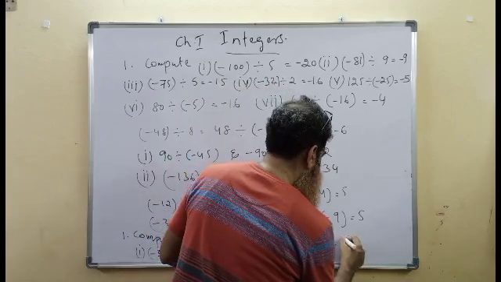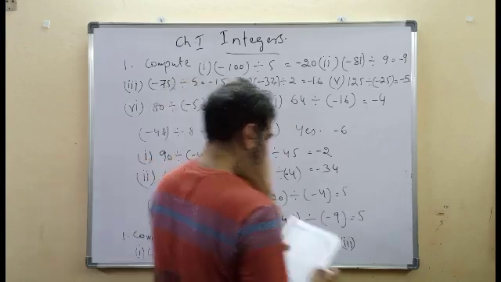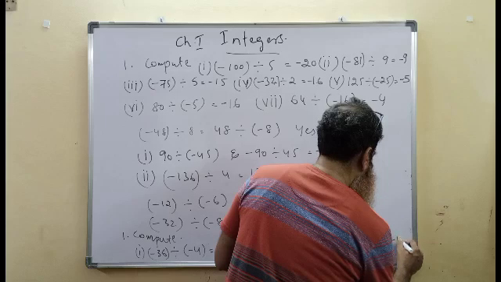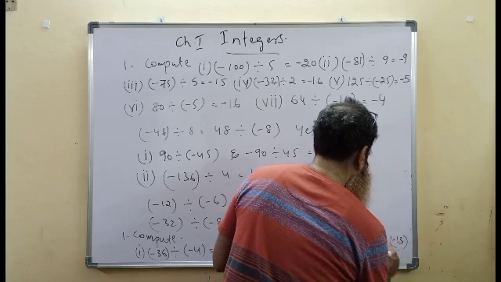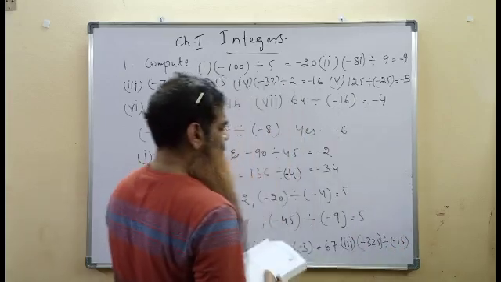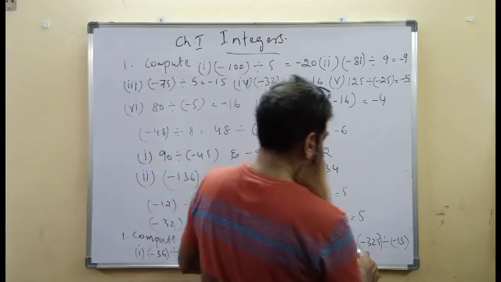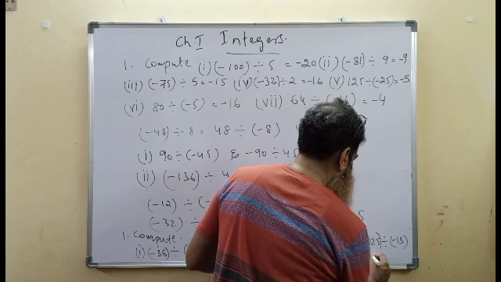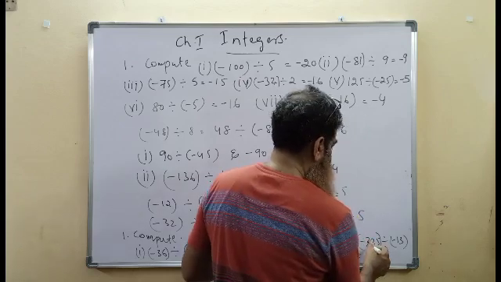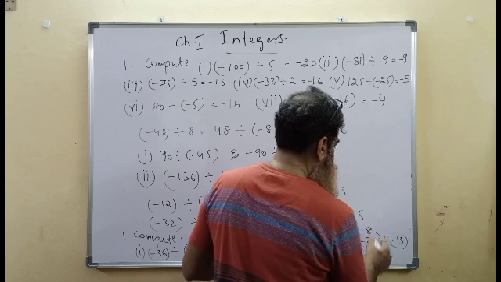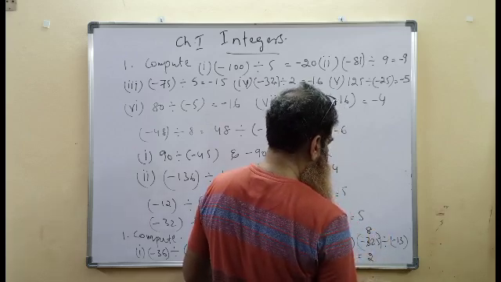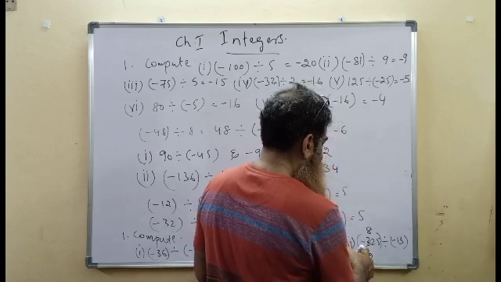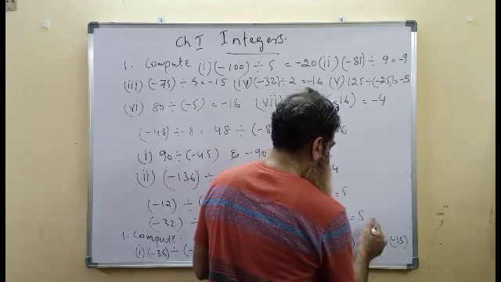Third one in the series: minus 325 divided by minus 13. The resultant is a positive integer. 13 times 2 is 26, and subtracting 26 from 32 leaves a remainder of 6.